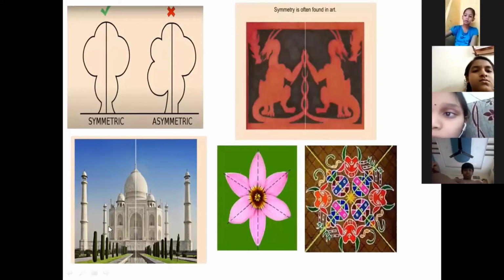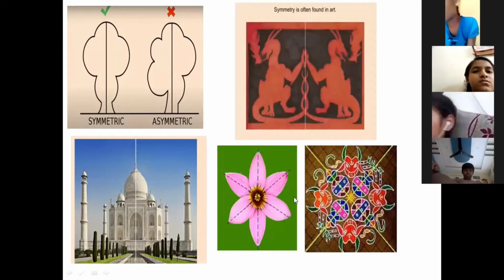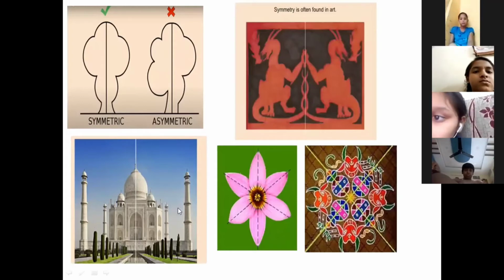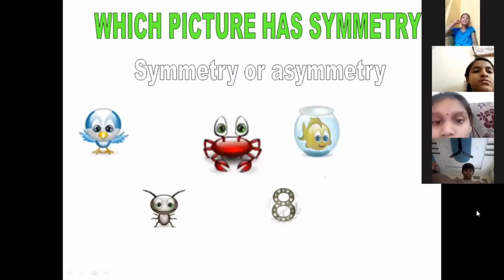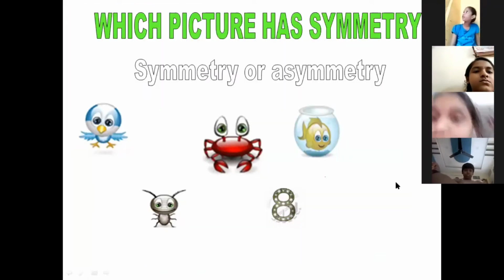Okay. So these are some symmetrical lines in nature. In Rangoli also we can make symmetry. And in a flower also we can have symmetry. How many petals does it have? Which picture is having symmetry? Tell me.